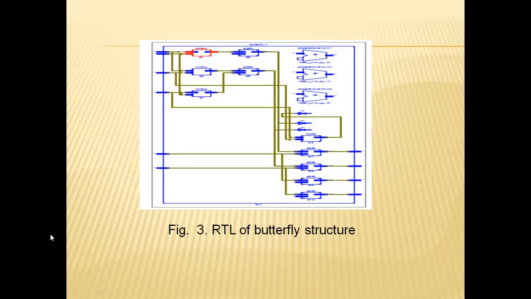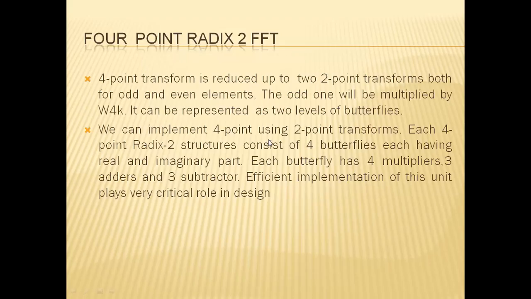Here it is. Now I come to my main aim, to give you an understanding of the 4-point FFT structure. As I said, it reduces the bigger structure into smaller units until we get the smallest point. So the 4-point transform is reduced to two-point transforms, both for odd and even elements.